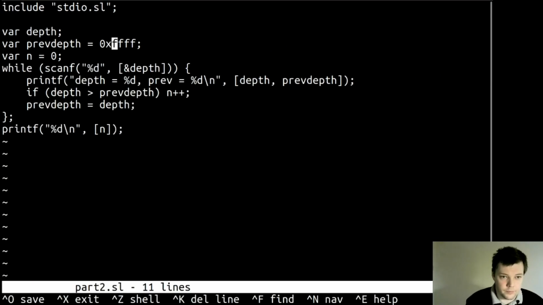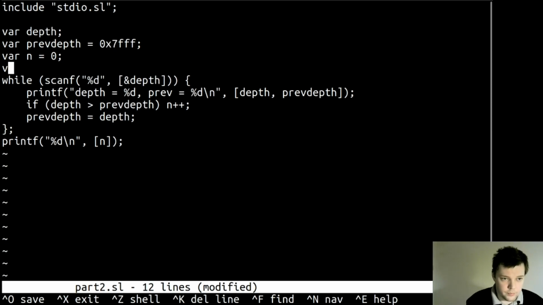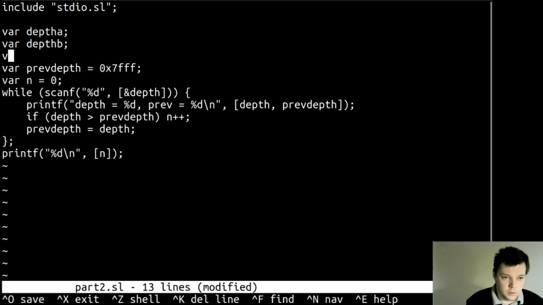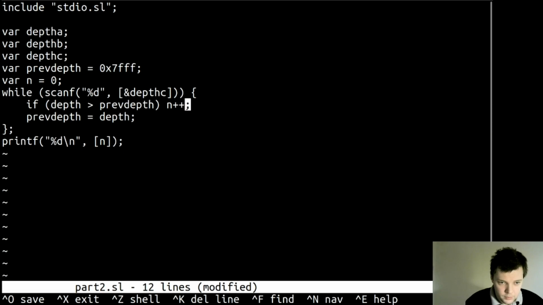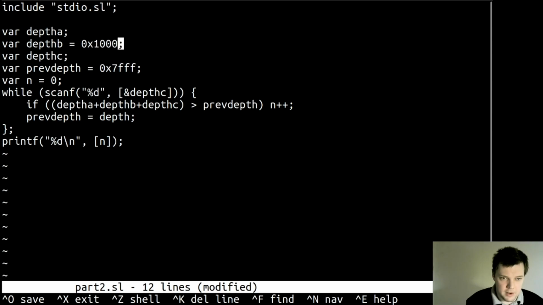So we want to read into C. So these want to be initialized to about 10,000.